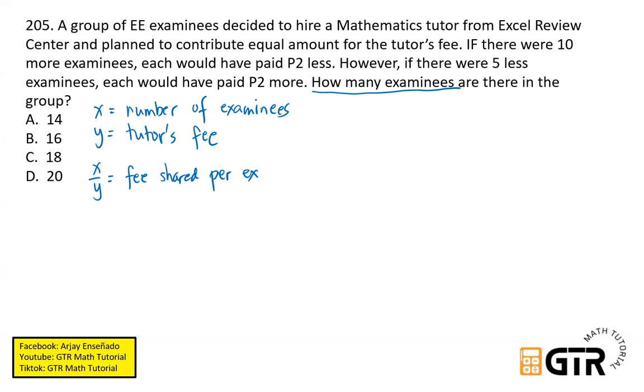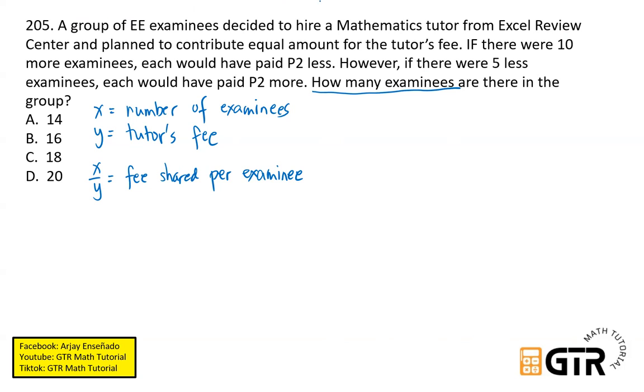So syempre yung number of examinees, i-divide natin yung rate ng tutor's fee. So X divided by Y. Okay? Per examinee. So yan ang share nila. So ngayon buuin na natin ang ating magiging equation. Magkakaroon tayo dito ng dalawang equation.